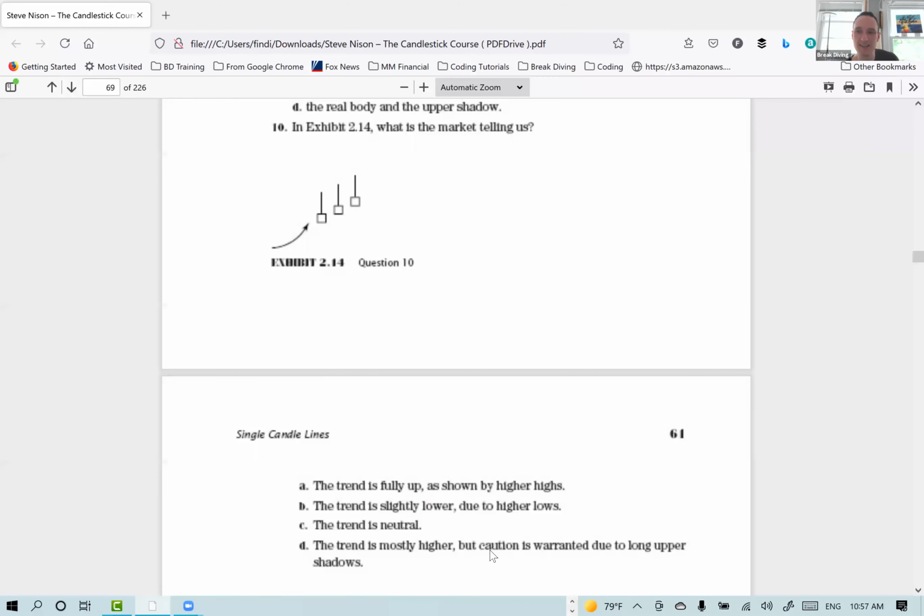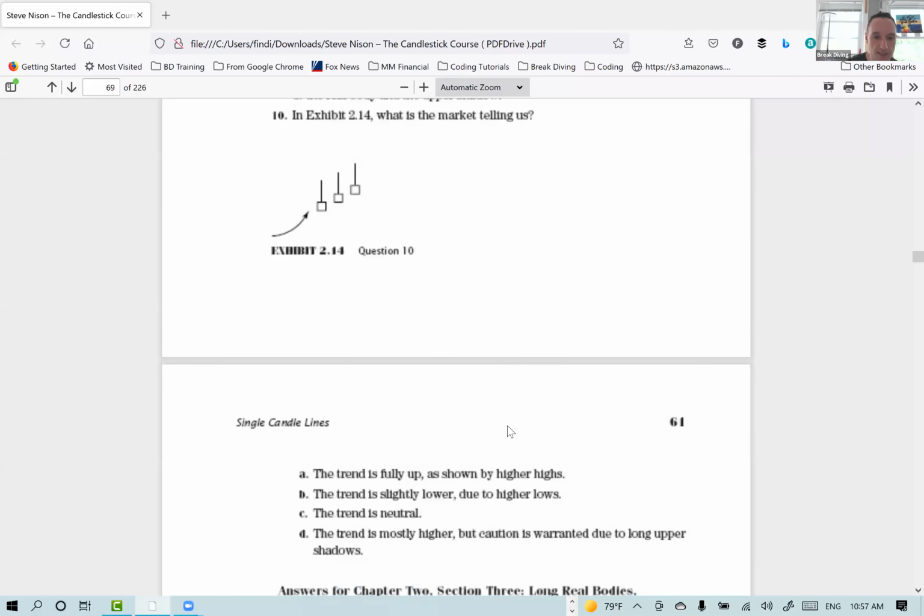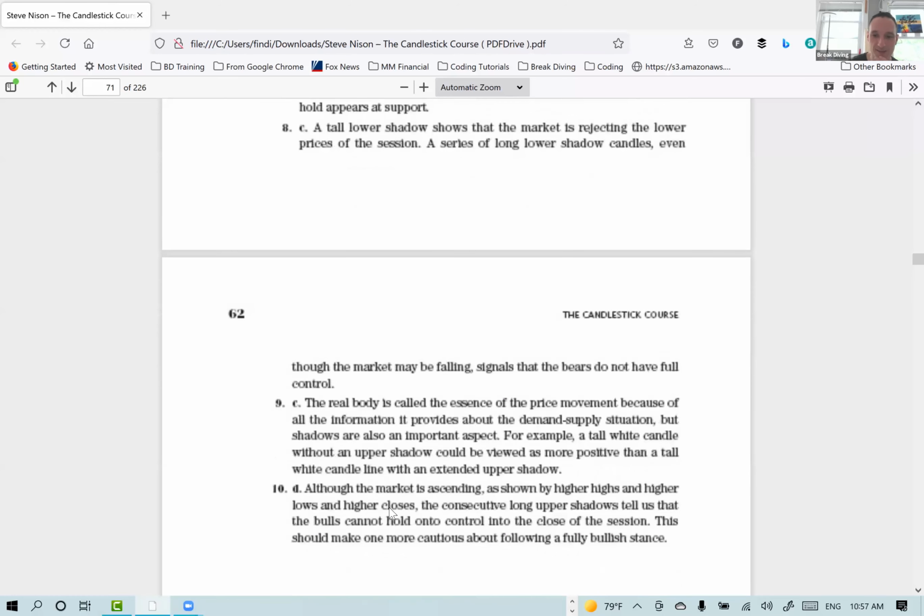I'm guessing D. What do you think? Long upper shadow. Yeah, I'd go with D. All right, let's find out. 10 is D. Hey, good, we got it.